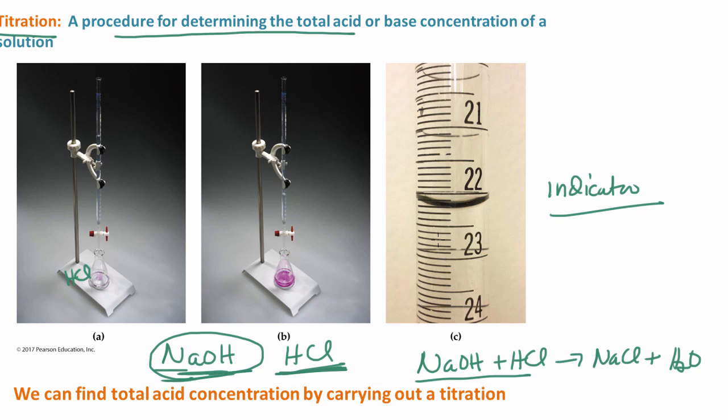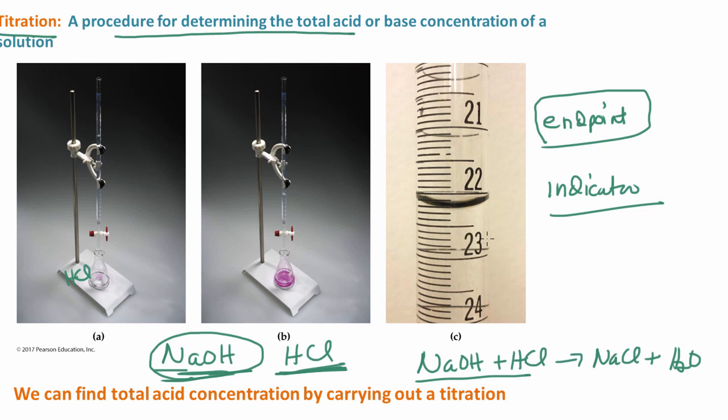So what we do is we start to add the titrant, the sodium hydroxide, until the pink color remains in solution. And that's the end of our titration. In fact, we call that the end point. That's where we see the color change.